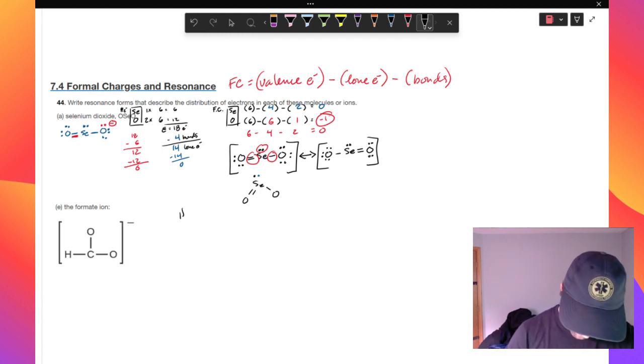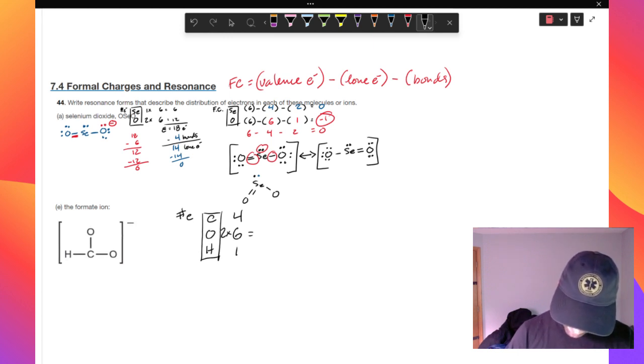We start out by calculating the number of electrons. We have carbon, oxygen, and hydrogen. Carbon has 4 valence electrons, oxygen has 6, hydrogen has 1. We have 2 oxygens, so 2 times 6 is 12.